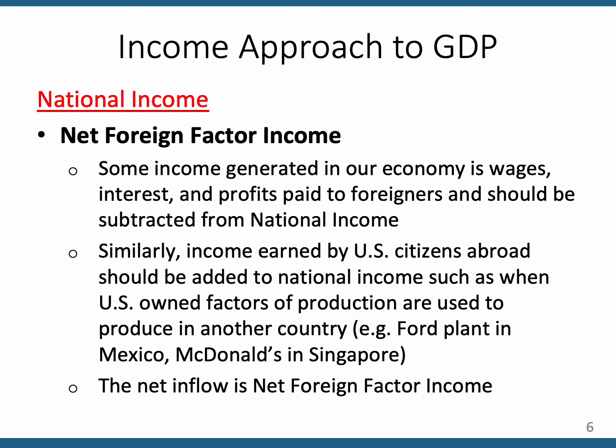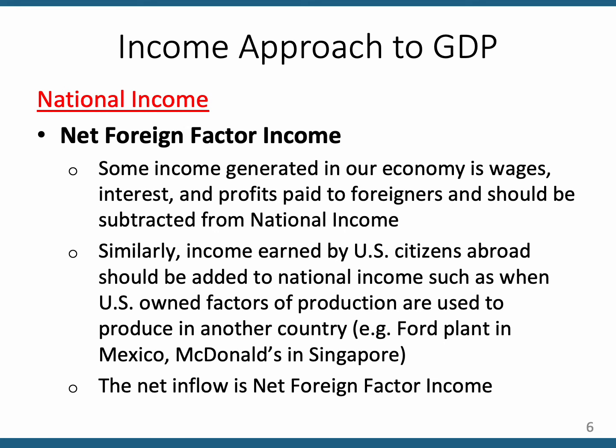So because some of that income leaves our economy too, right? So if there was a Ford plant in Mexico, for example, the profit portion of the income earned at that Ford plant in Mexico comes out of the Mexican economy into our economy. That becomes income for Americans.